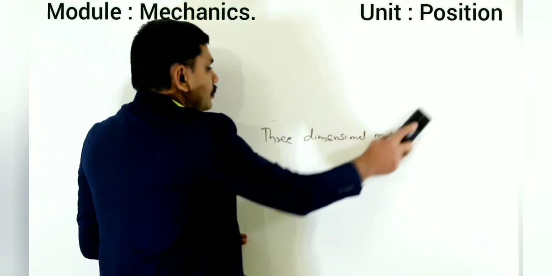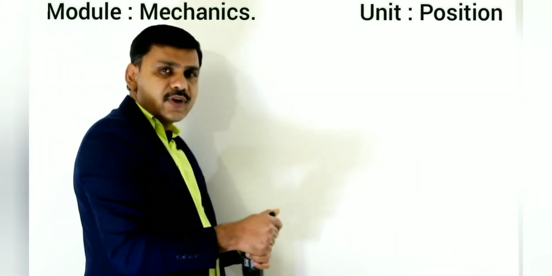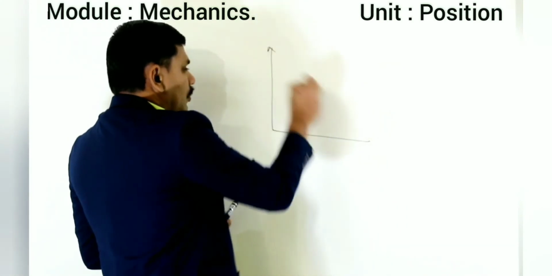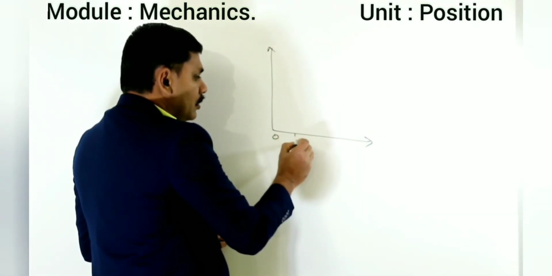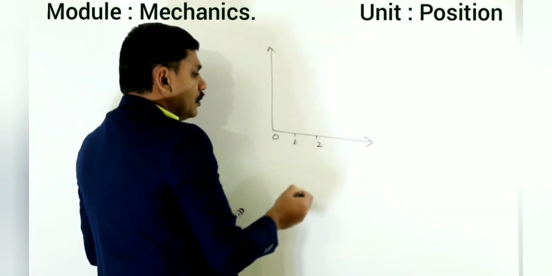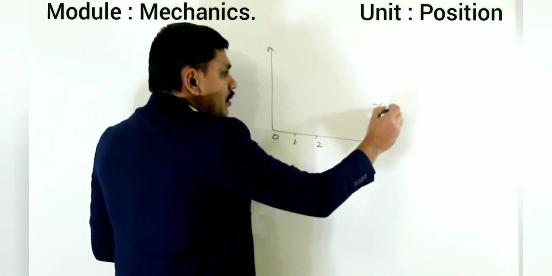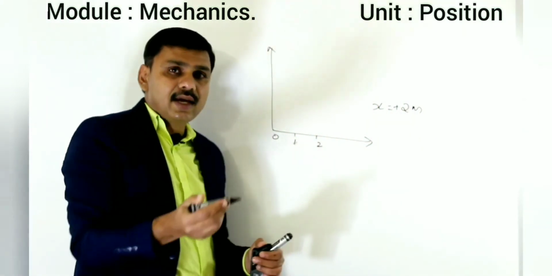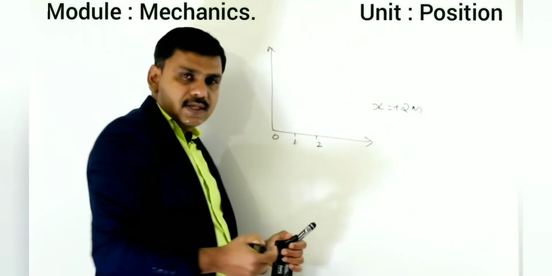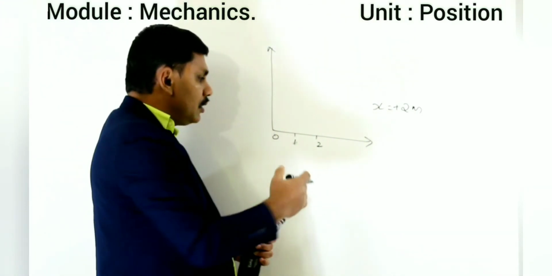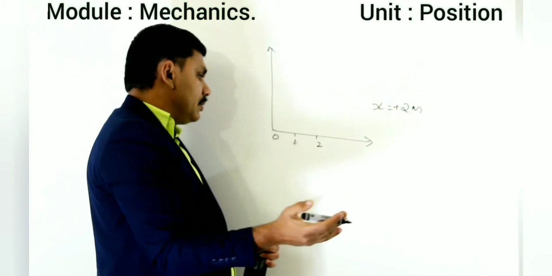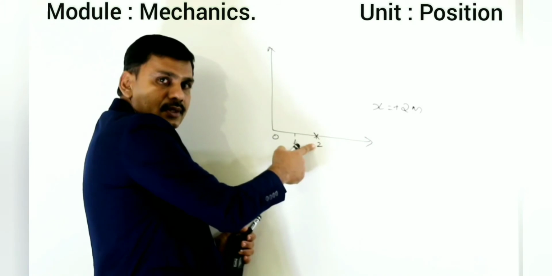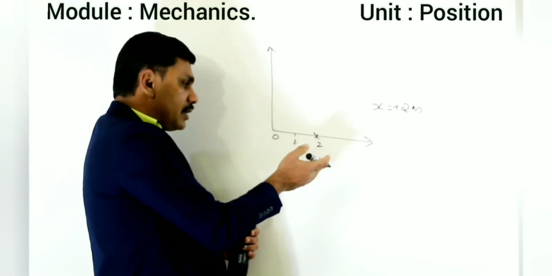Then, by using the xy axis, you can tell this is 0, 1, 2. If I am marking x equal to 2 meter, plus 2 meter, the plus indicates the position of the object is on the right side of the axis.